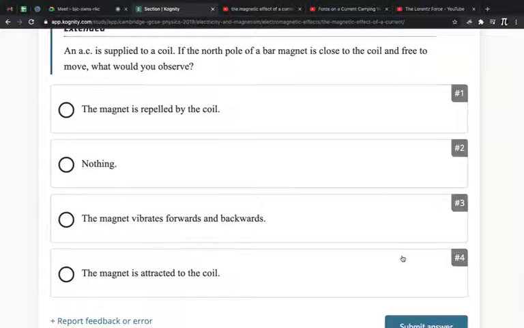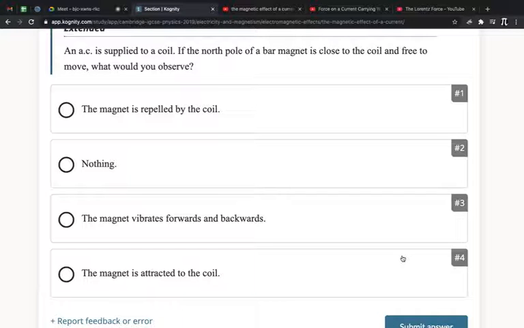An AC is supplied to a coil. If the north pole of a bar magnet is close to the coil and free to move, what would you observe? An AC, not a DC.